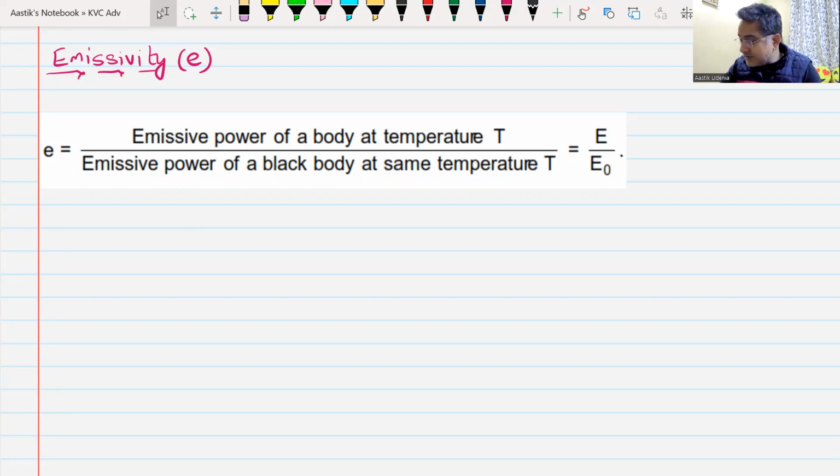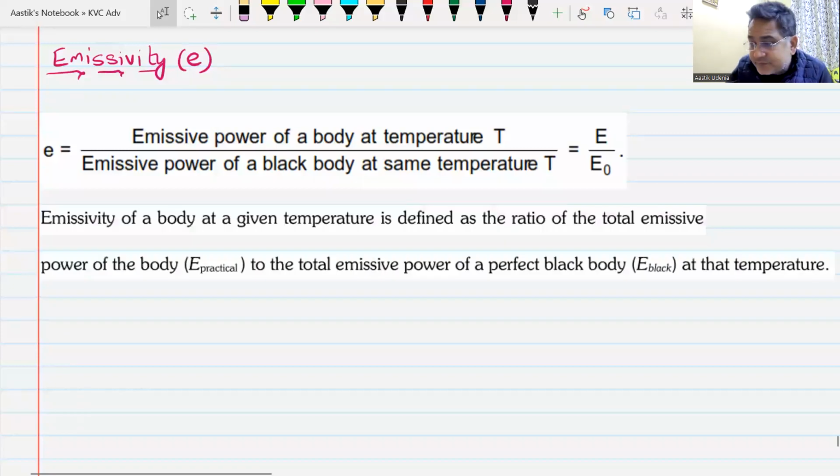I hope you understand this. Yes, sir. It is the ratio of emissive power of a given body to emissive power of a black body of the same size, same shape, and same dimension. Do we understand this?